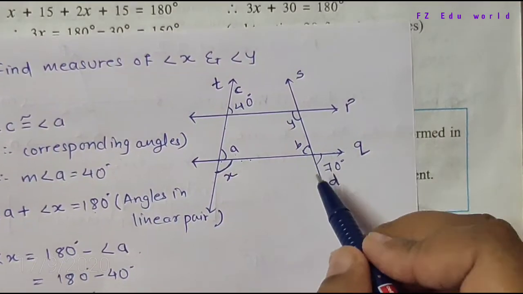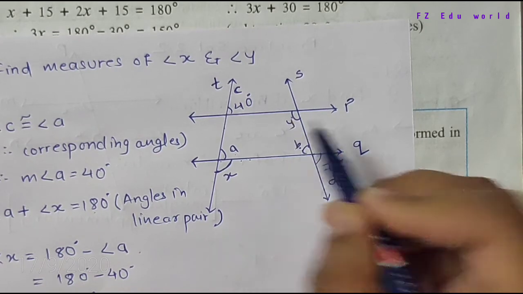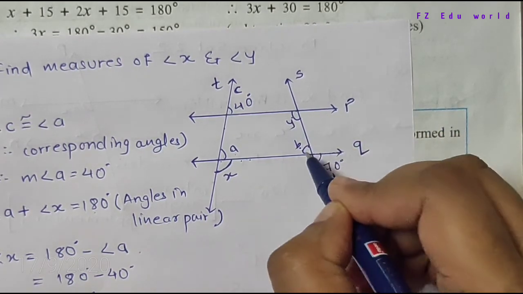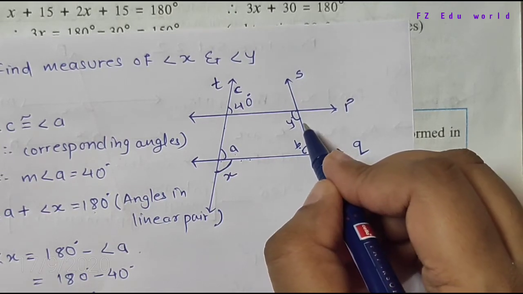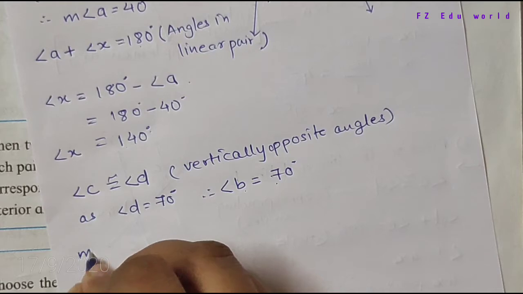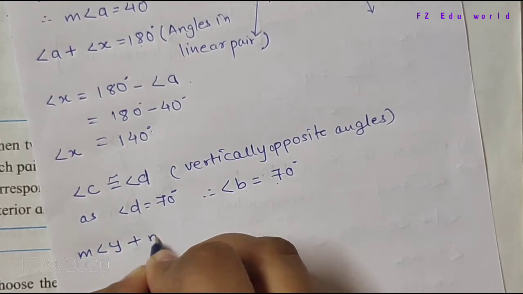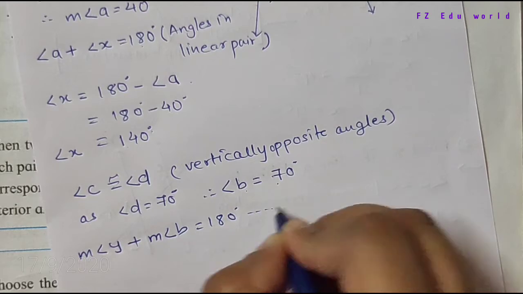Now we have this angle B and we have to find this Y. Now this Y and B are interior angles which are supplementary. Measure of angle Y plus measure of angle B is equal to 180 degrees.